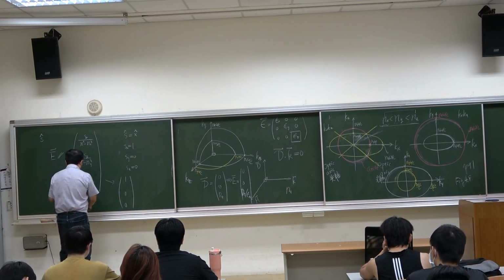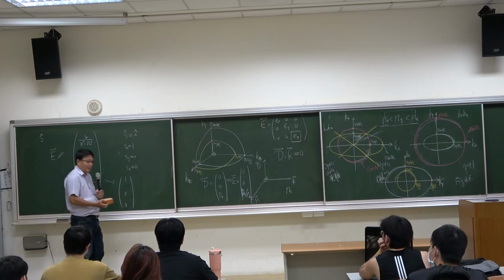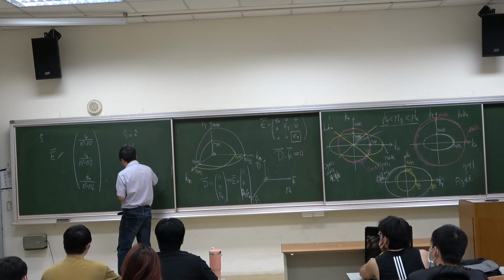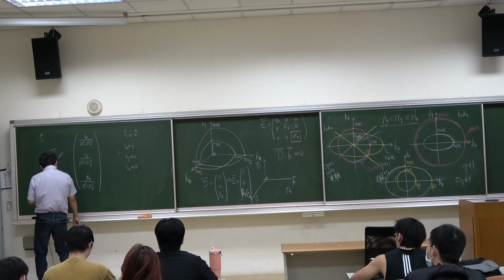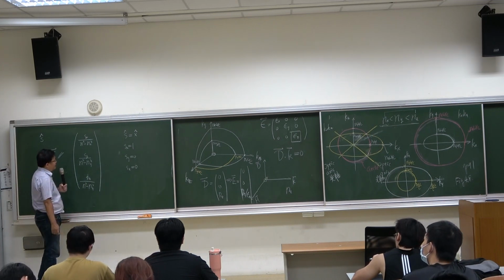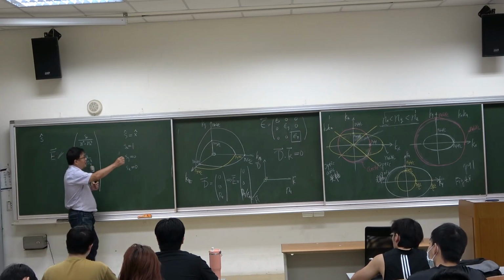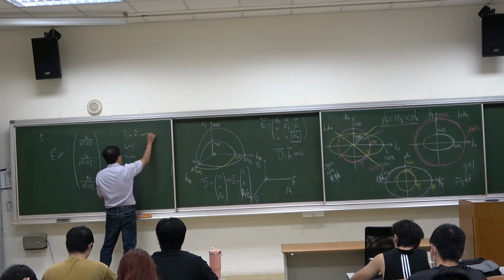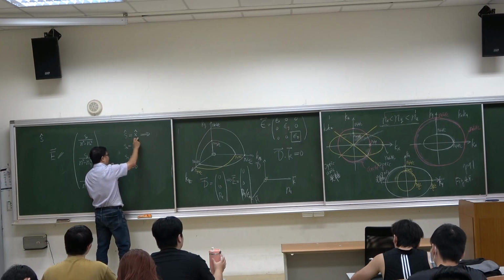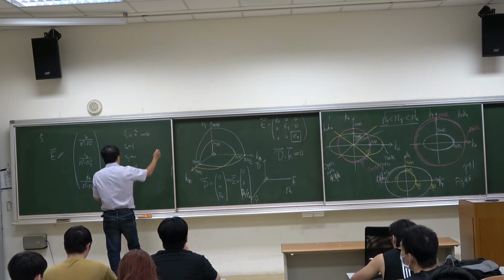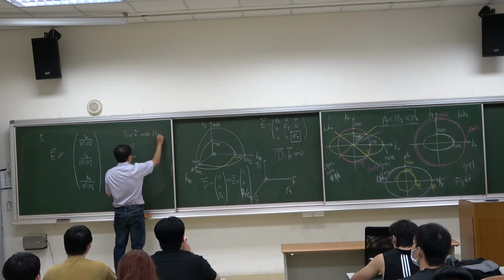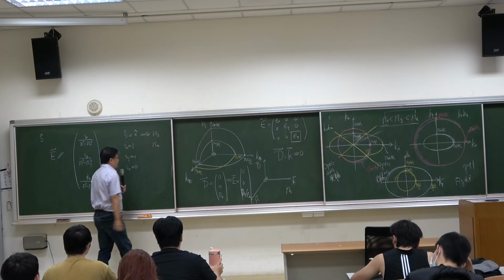Okay. So what happened in this situation? You see that when the propagation direction is along the x direction, then you can solve for the refractive index. One is ny, and one is nz.